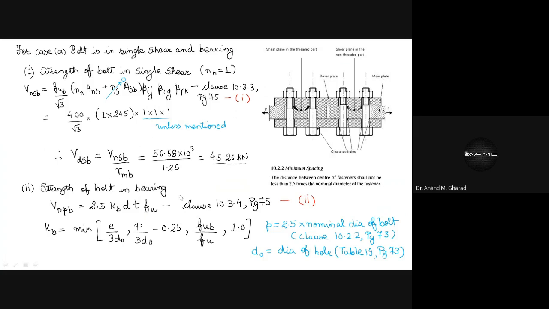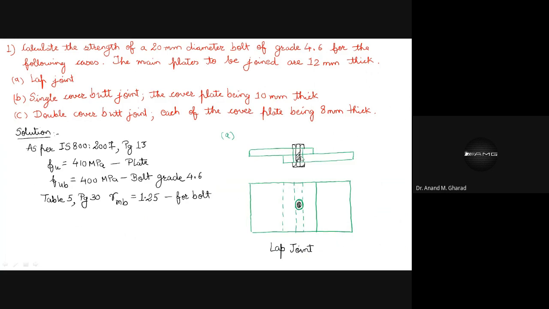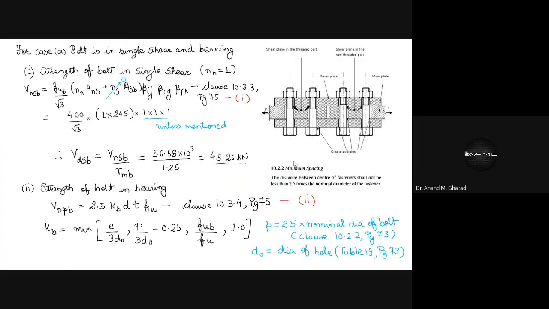But in our case, as you can see what I have shown, the threaded portion is getting intersected by this shear plane. So what do you anticipate will be the value for NN? How much can NN be in our case? 1. And what about NS? 0. Exactly. Okay, so have you understood this difference? Because this is necessary to understand.